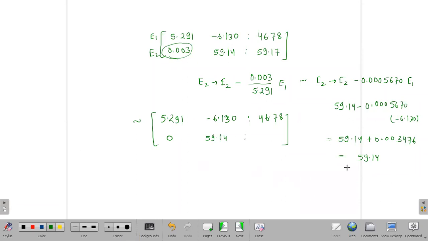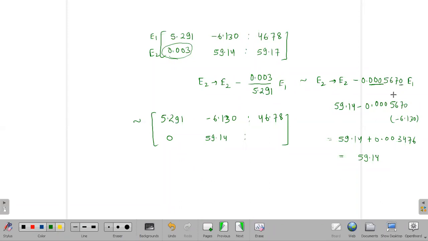Ma'am, why don't we take the four significant digits of 0.0005670 and then multiply them with E1? Actually, these are not significant zeros. We have to start counting from 5, because the first significant digit is 5, then 6, then 7.